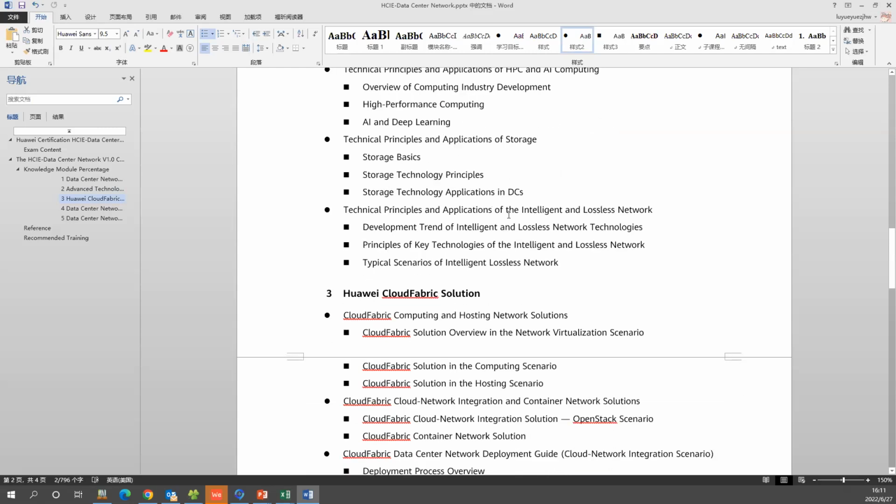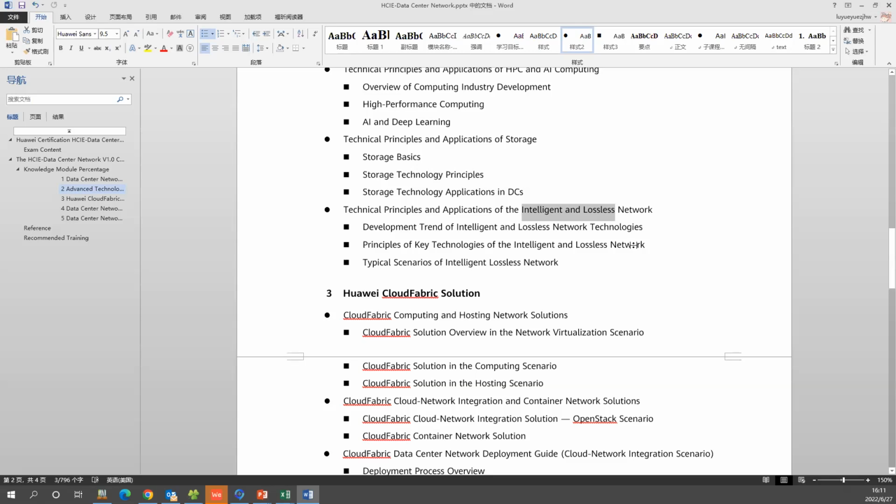And finally, we will talk about a new solution used in the cloud fabric, that is the intelligent and lossless technologies, such as PFC and others. Because we need to deploy a lossless network in some scenarios based on the cloud fabric solution.